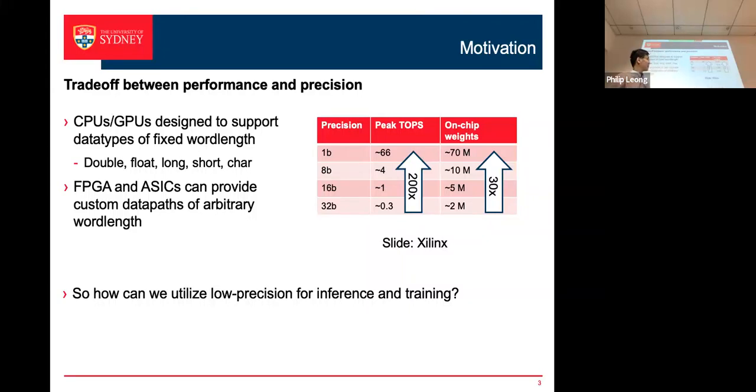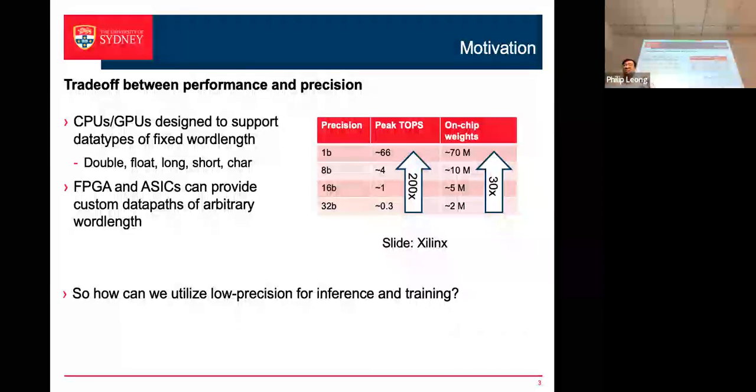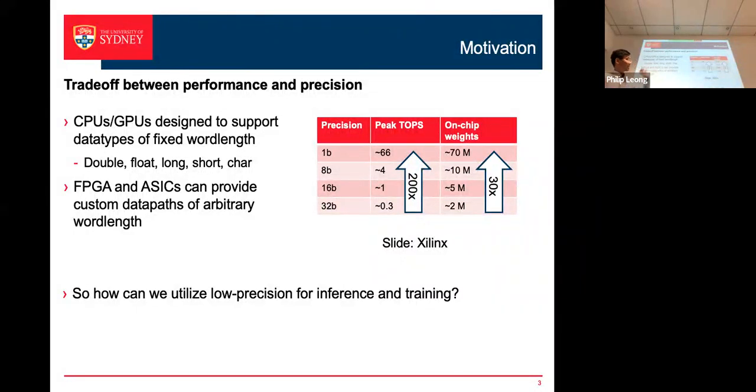These are large factors: about 200 times when you go from 32 bits to 1 bit in terms of peak operations per second, and about 30 times when you go from 32 bits to 1 bit in terms of the number of weights that you can store. So the problem that we're trying to address is how we can utilize low precision, which people have been doing for a long time, and also training.